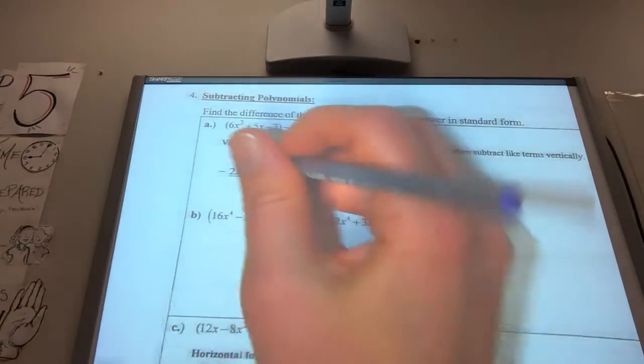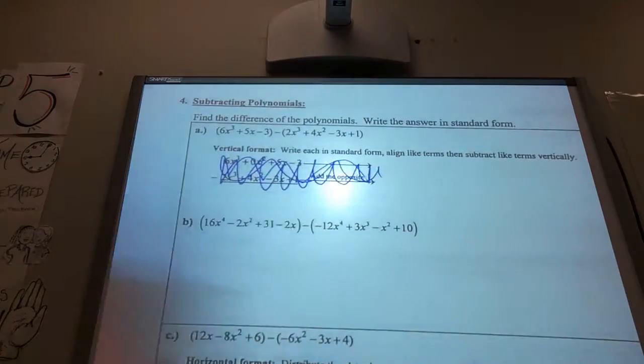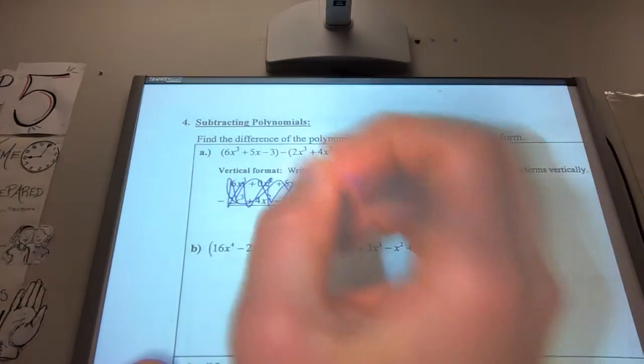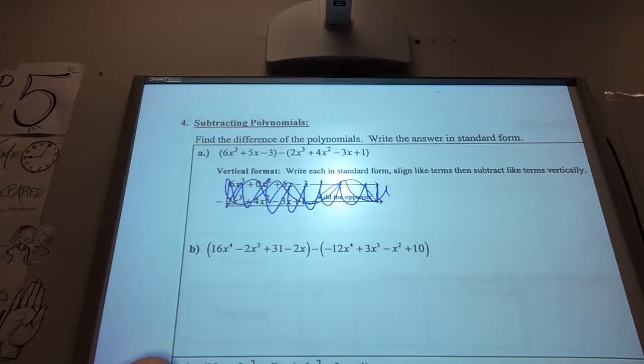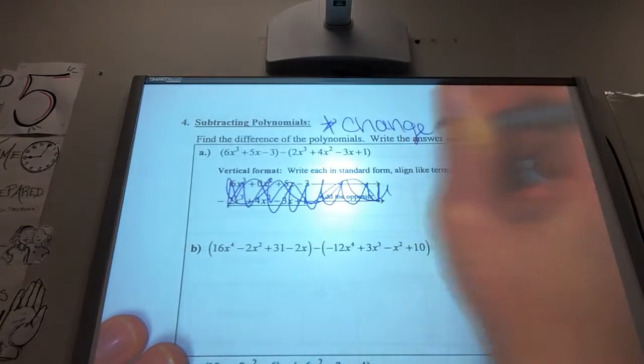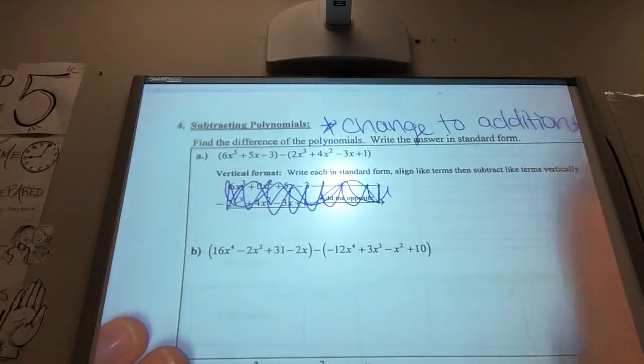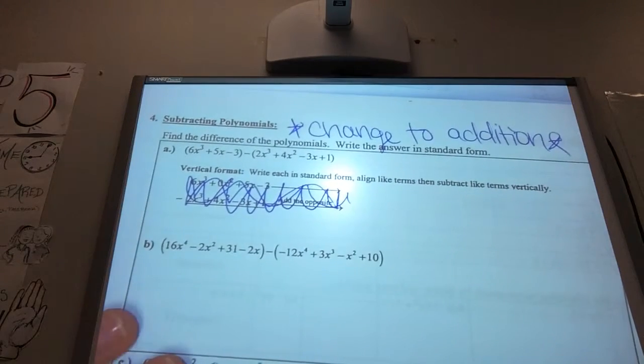Subtract polynomials. I want you to cross this out. That's silly. Okay, and when I say subtract polynomials, I mean don't ever subtract polynomials. I mean always change it to addition. Never subtract them just as they are.